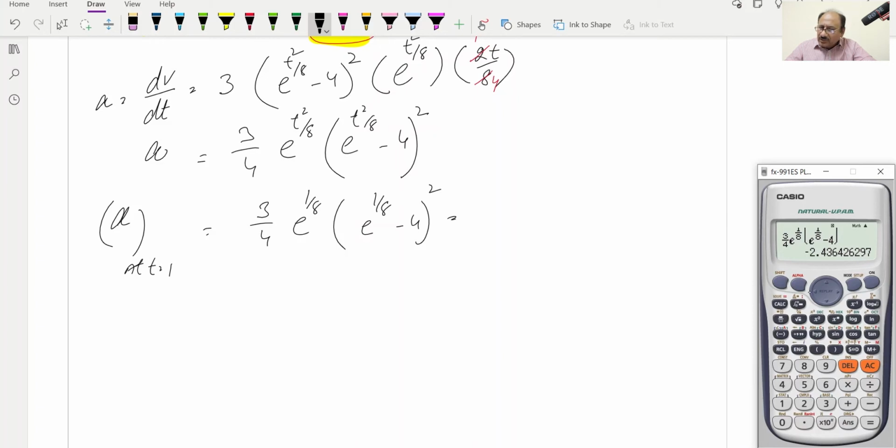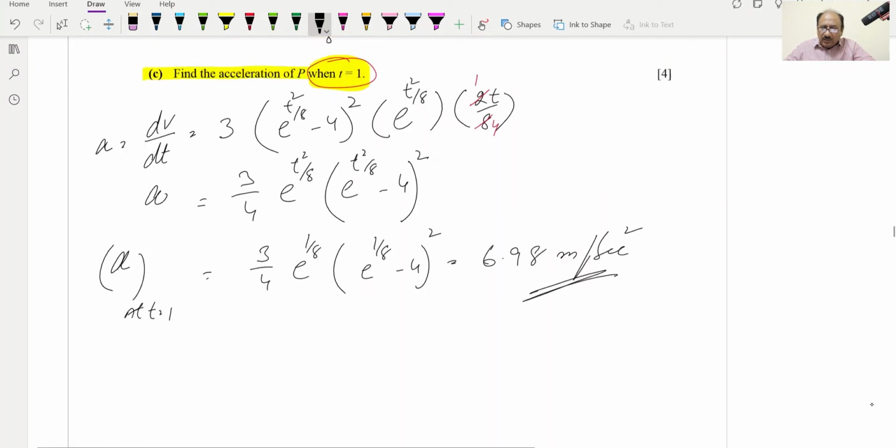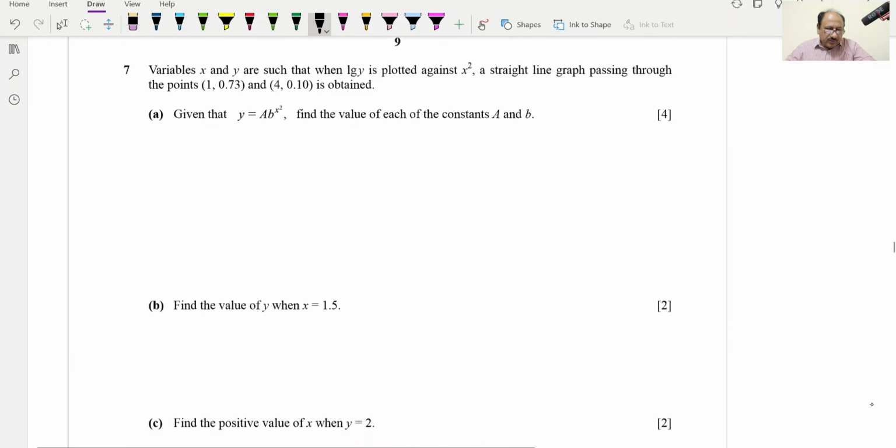Basically we missed the last square, so we write square over here, and this will be 6.98. This is acceleration, so meter per second square will be the unit for this question. And this is a 4 marks part, which we are done.